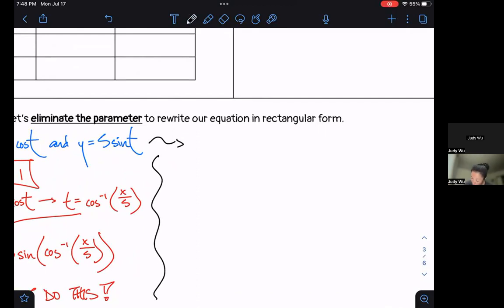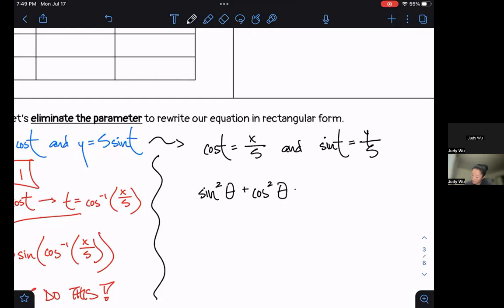Cosine t is x over 5. And for sine t, I'm just going to divide both sides by 5, and I get y over 5. So I've got my cosine and my sine equations. And now, connection to chapter 7. Remember back when we said sine squared theta plus cosine squared theta equals 1?